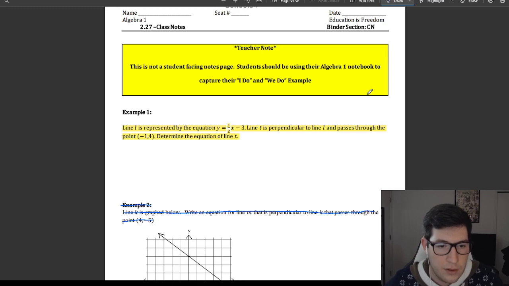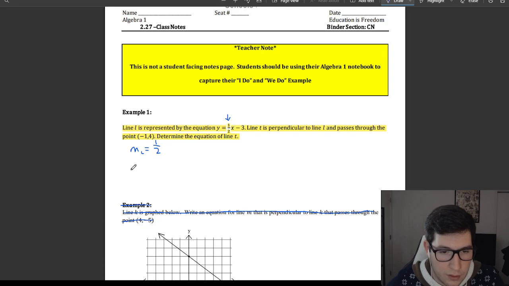Alright, so again, we know that line L is this lovely y is equal to 1/2 x minus 3. So I know that I'm going to kind of pick this apart. I know that I'm dealing with a perpendicular line, so I'm really looking at slope here. And so I know that the slope of line L is equal to 1/2. That means that the slope of line T is going to be the opposite reciprocal of line L in this case.